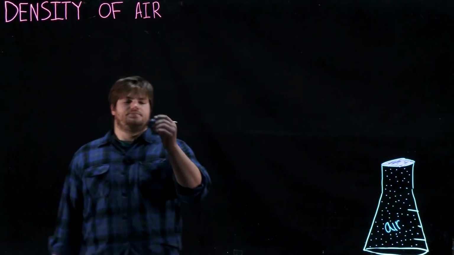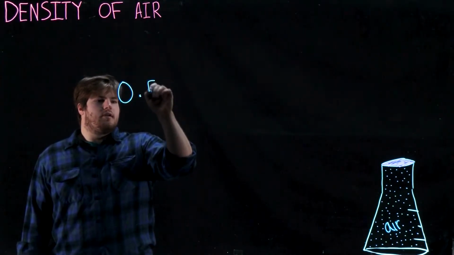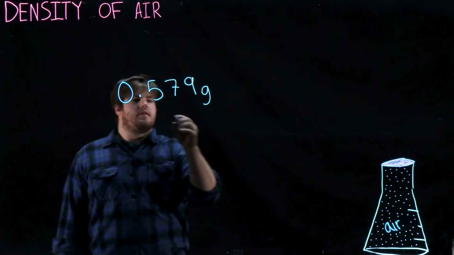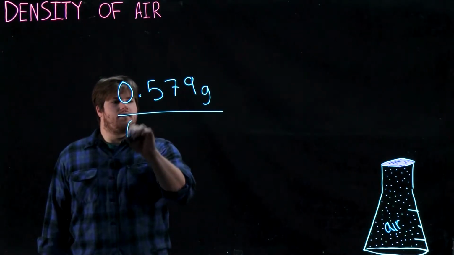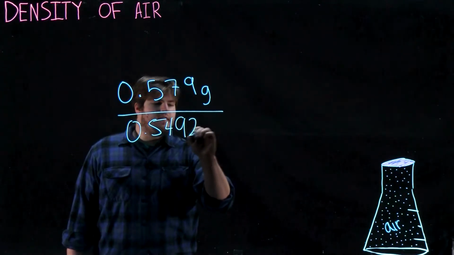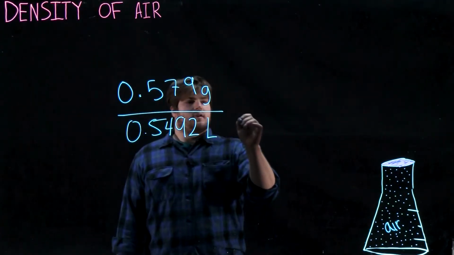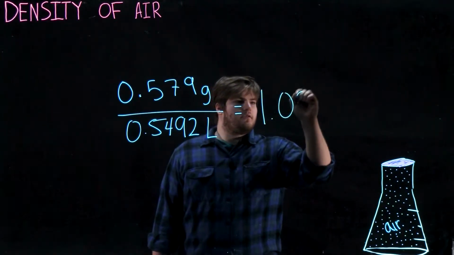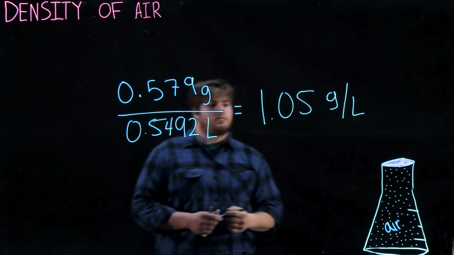In our case, the air inside the flask weighed 0.579 grams, and we're going to divide by our volume, which for our flask was 0.5492 liters, and this is going to be different than the volume that you found during lab. This is just ours. If you do the math on that, you'll get 1.05 grams per liter, and those are the proper units.